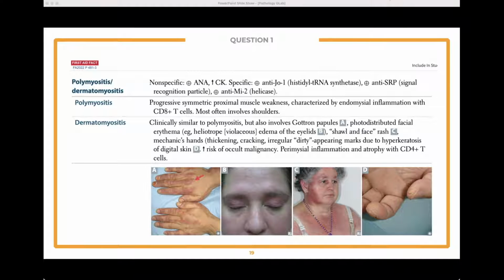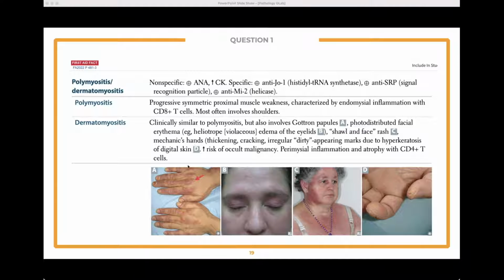You can see there dermatomyositis specifically talks about perimysial inflammation and atrophy. On top of that, you can see on that second image the heliotrope rash that that lady has, a little bit of violaceous discoloration of the eyelids. All of these cutaneous manifestations are high yield, and they could show you one of those and expect you to pick up on the clue that this is dermatomyositis.